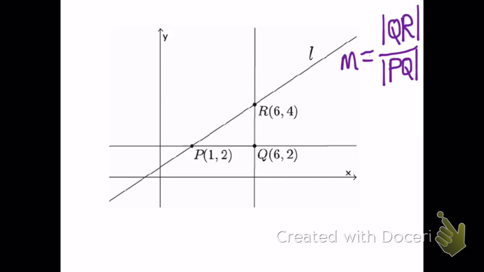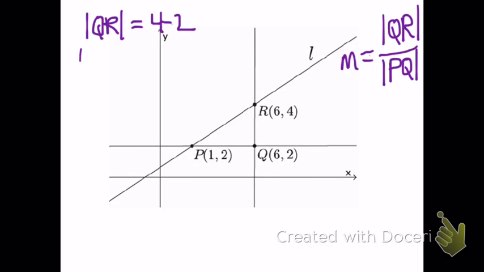So QR, and let's write it over here. So QR, the length of QR, I can calculate that by saying it's 4 minus 2. Whoops, 4 minus 2. By just looking at these y coordinates here.